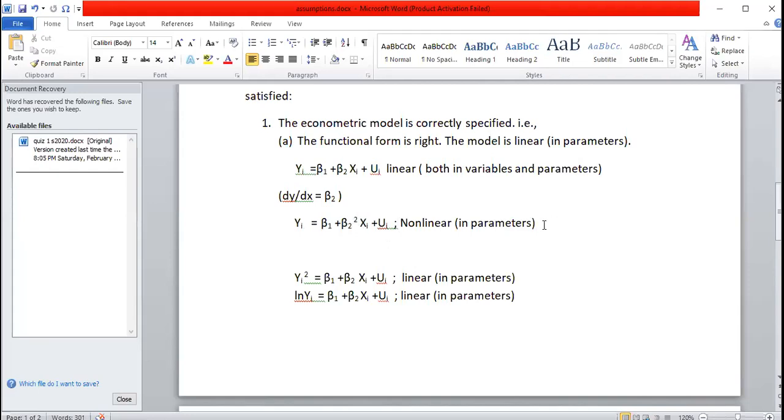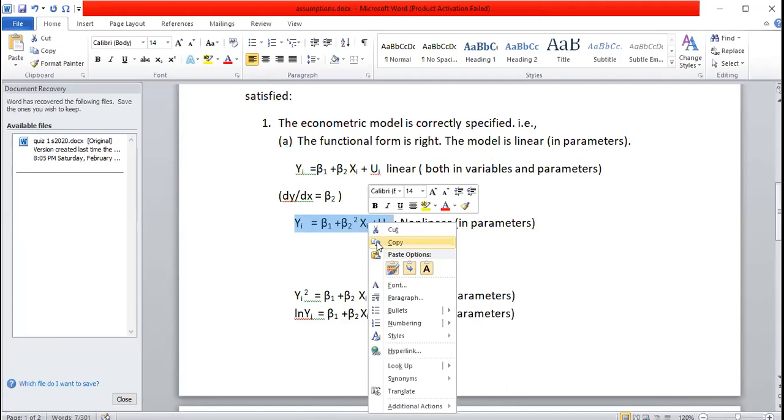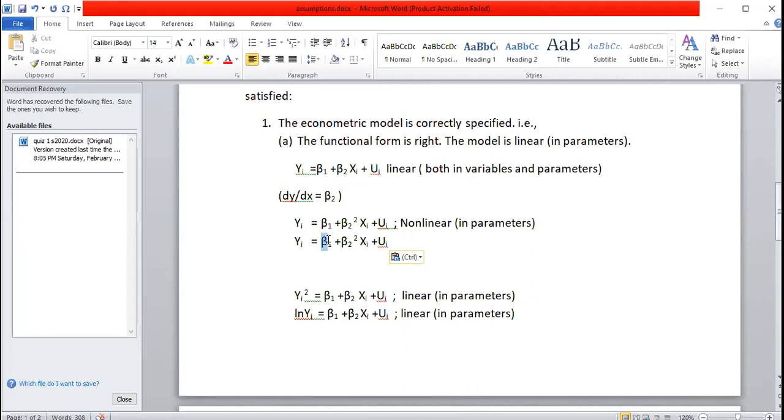That's what you are trying to say. Give me a number, 5 here, and what are you giving here? 9. So this is like 5 plus 9 square xi. Is it non-linear? No, it's linear.